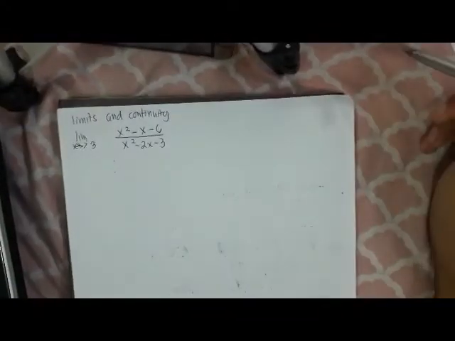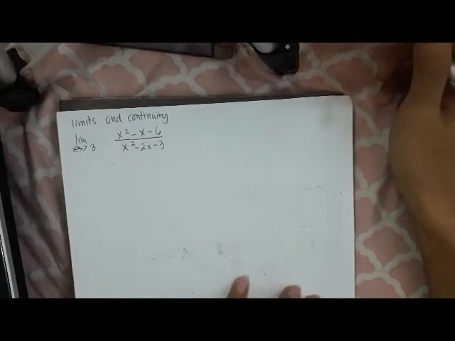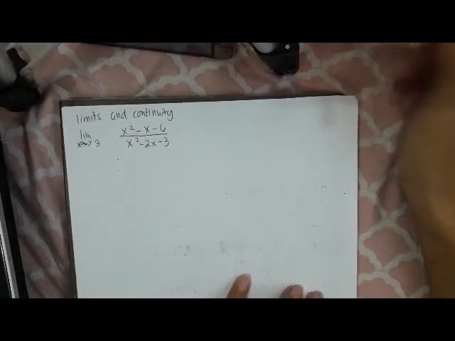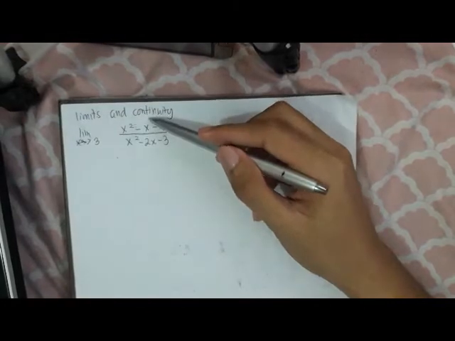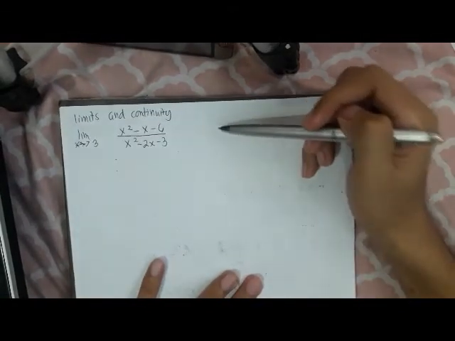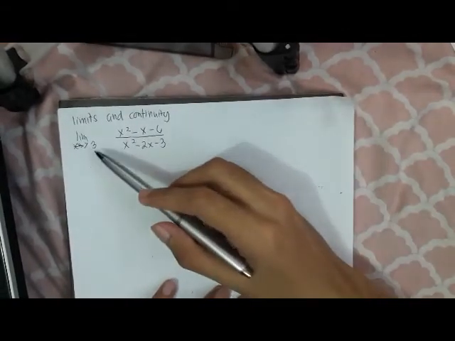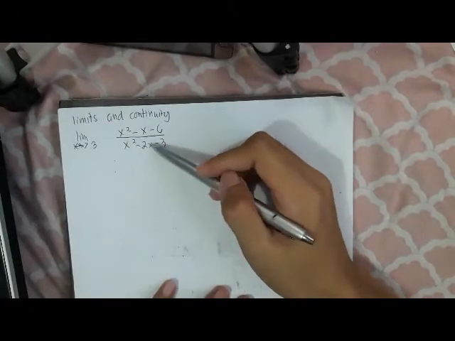We have a function of x squared minus x minus 6 over x squared minus 2x minus 3, whose limit as x approaches 3, ang pagkuha lang ng limits ng function is isa-substitute natin ang 3 sa bawat x.